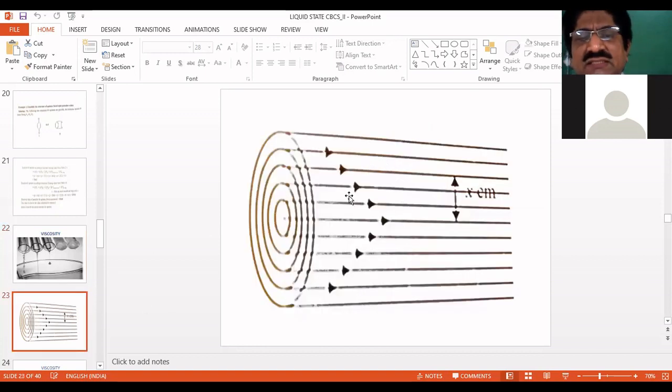You can see that this is the liquid which is allowed to flow through a capillary or a narrow tube. When it is allowed to flow through a capillary, these liquid layers are moving in the form of what are called layers.